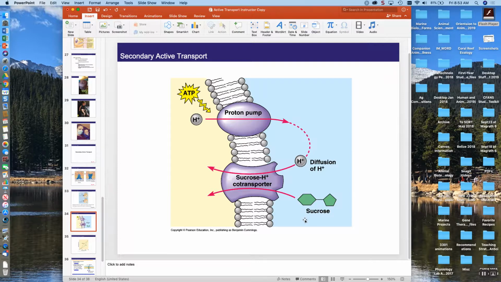Now you've established that proton gradient, and then the secondary active transporter uses that proton gradient to move another molecule like sucrose against its concentration gradient. So it's using the energy established by the proton pump.